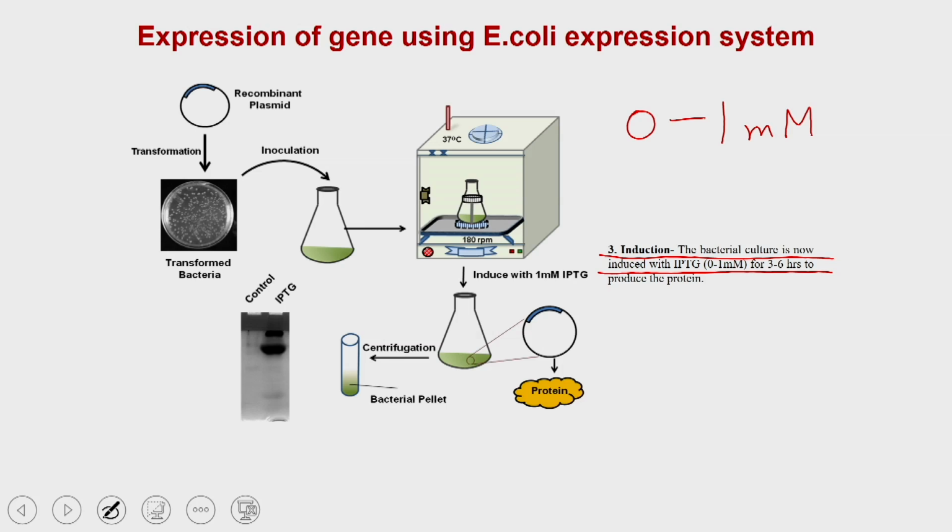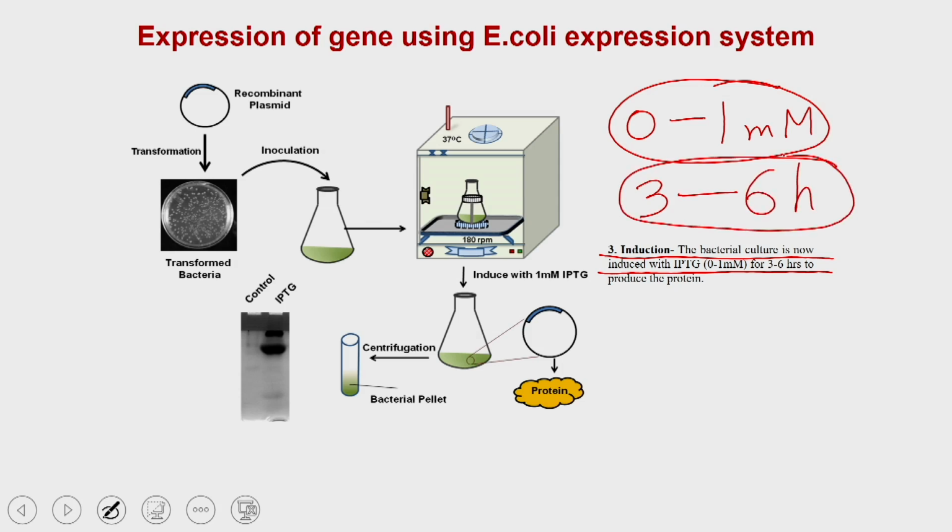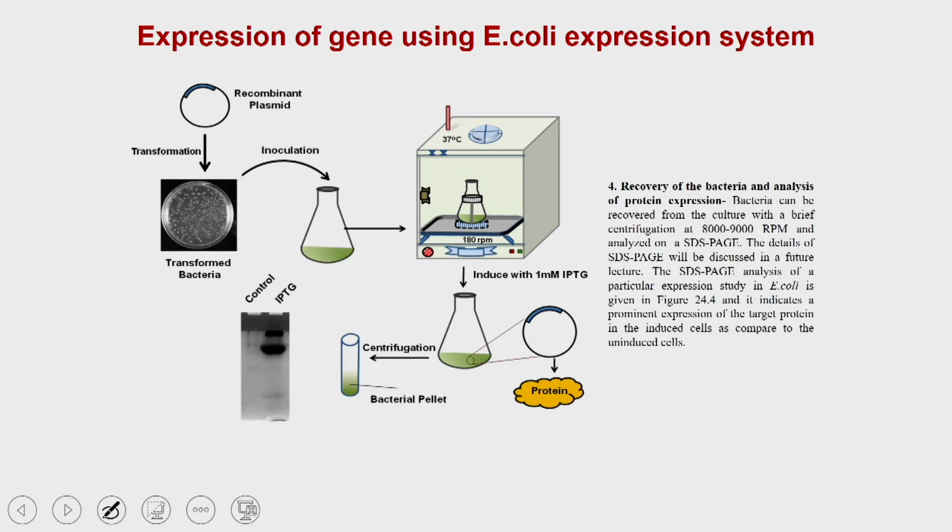So, you can optimize the IPTG concentration as well as the induction time. Mostly people use 3 to 6 hours of induction, but this time can be optimized for a longer period as well. Once you do the induction, the protein will start being produced in these bacteria.